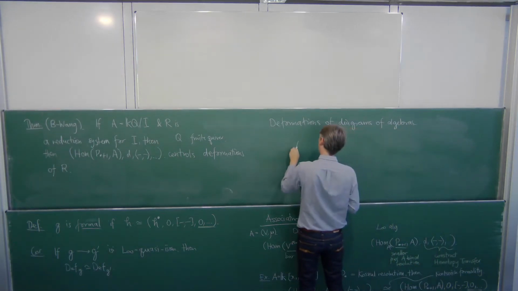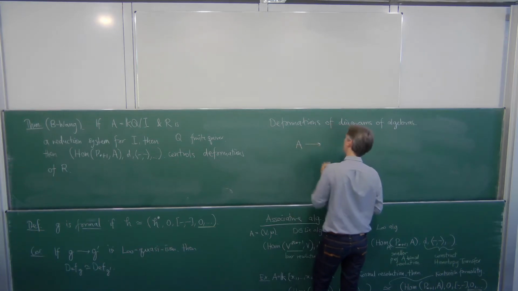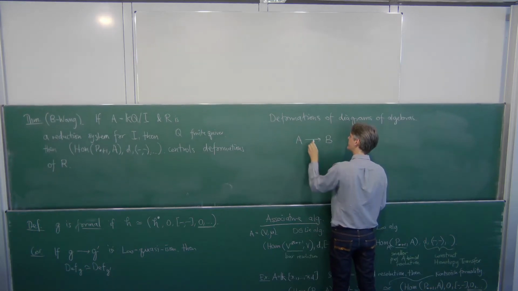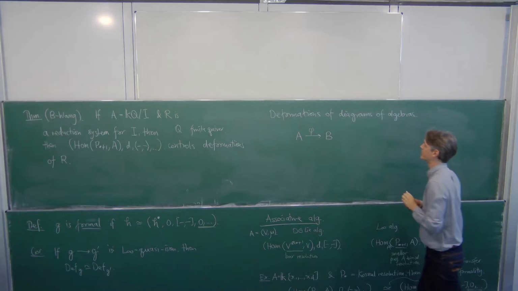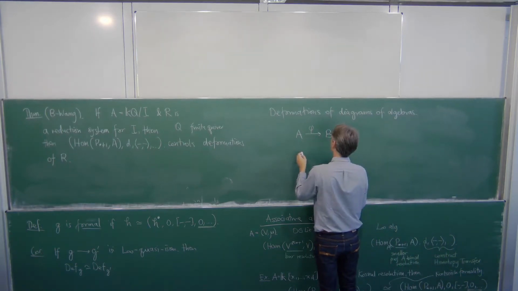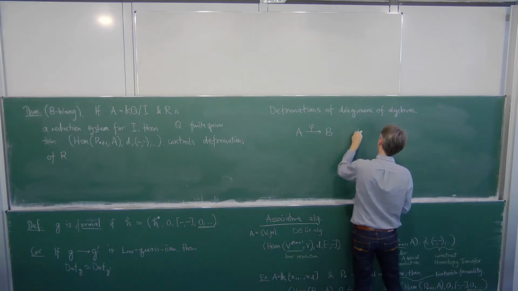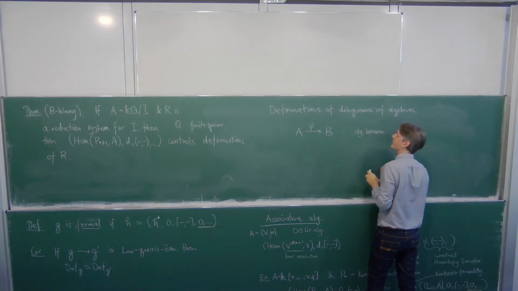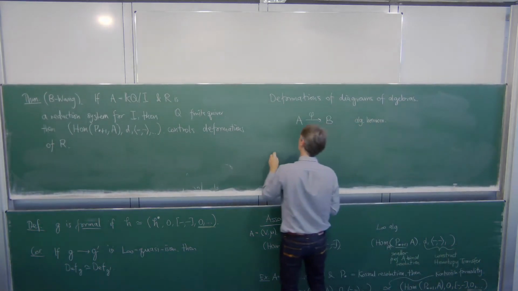And so, in a simple case, you could look at an algebra A, an algebra B, and an algebra homomorphism between them.